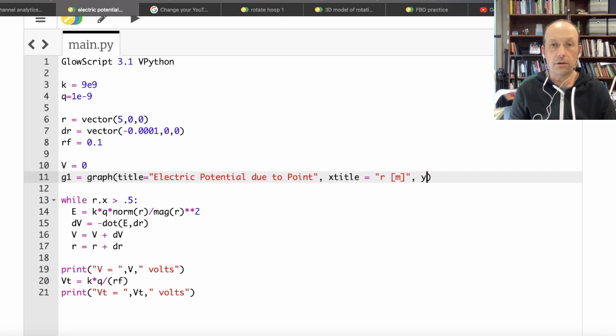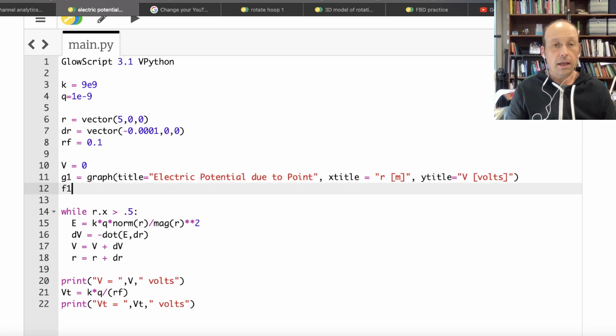And then a y title, and that's going to be equal to V in volts. And then f1 equals gcurve, color equals color.blue, label equals, I'm just going to say num for numerical calculation.